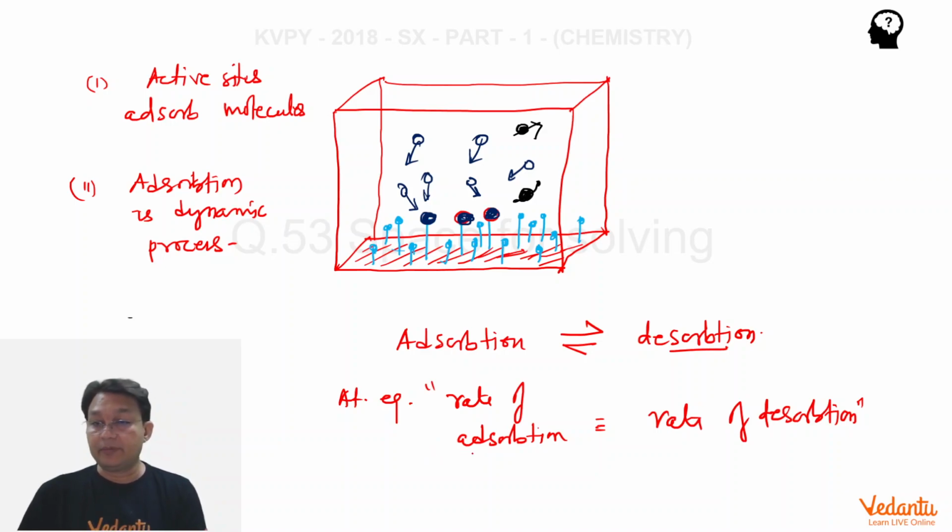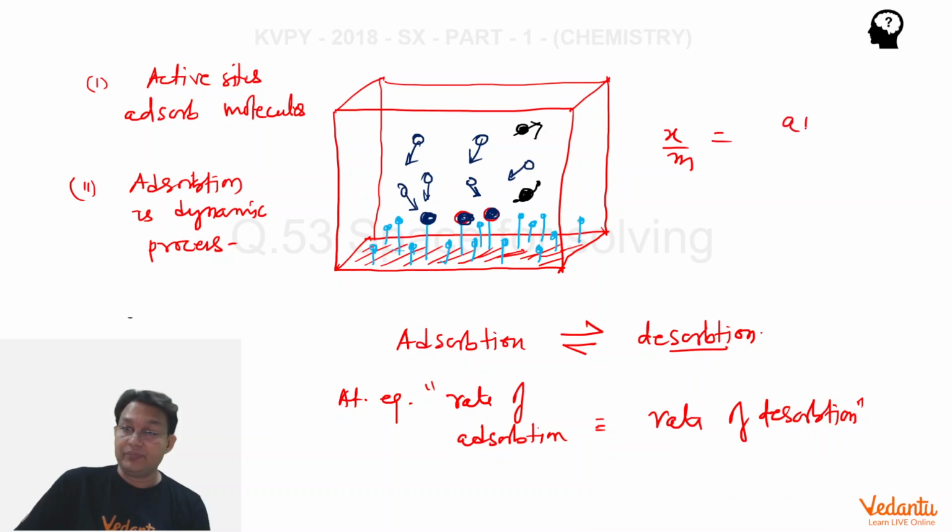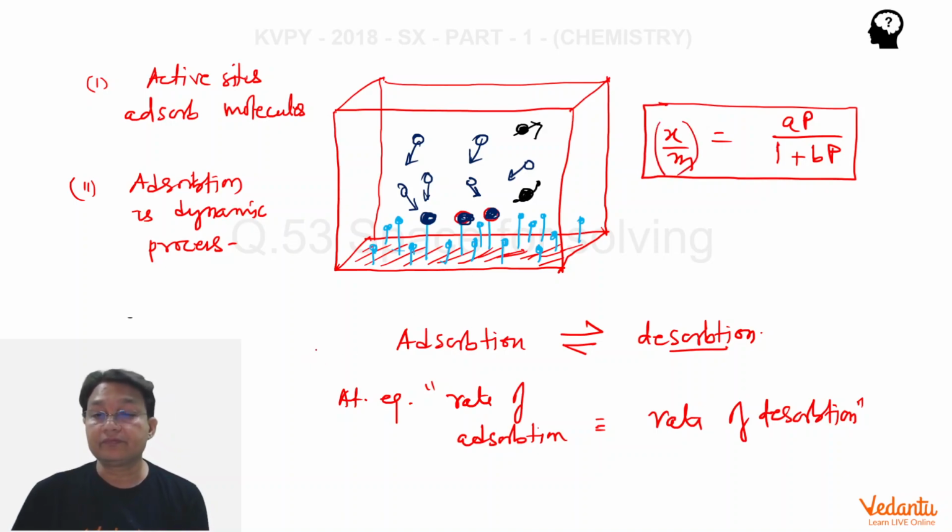Based on these thoughts, we can develop the Langmuir adsorption isotherm, which tells us that x by m is equal to AP divided by 1 plus BP, where A and B are constants. We can easily show that this will be the expression for adsorption.